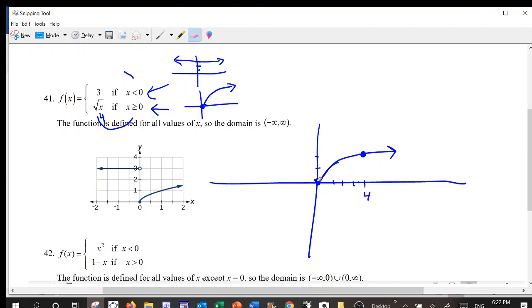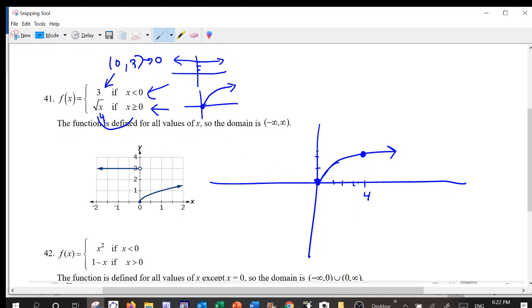All right. Now, to the left of 0, I'm supposed to use this. But again, we're going to use 0 for 4 here, since there is no x here. When x is 0, y is 3, according to this part of the function. But again, this gives us a hole, not a filled in point.